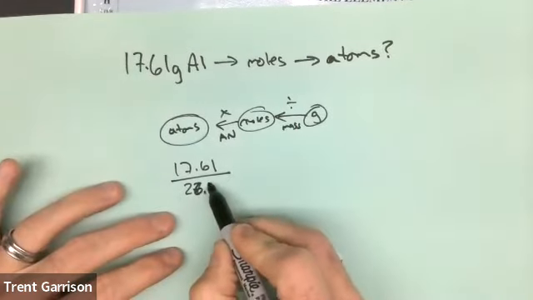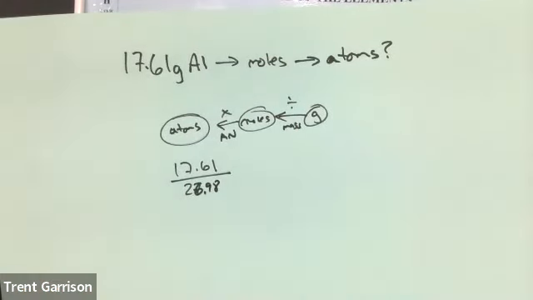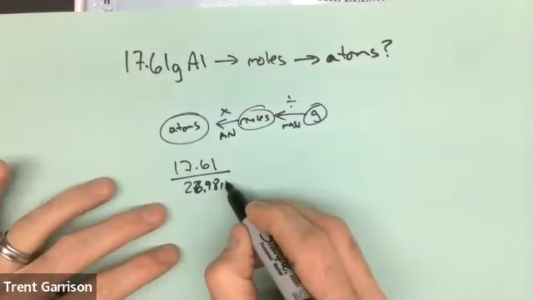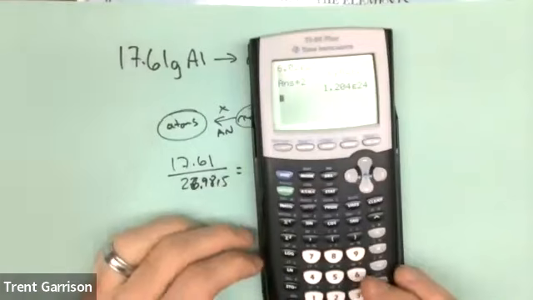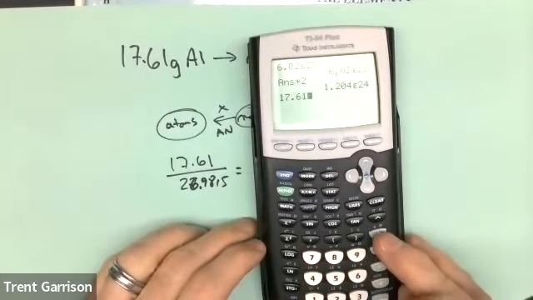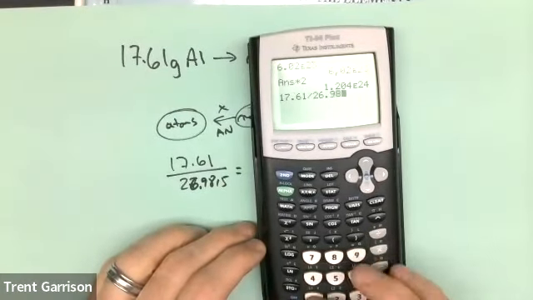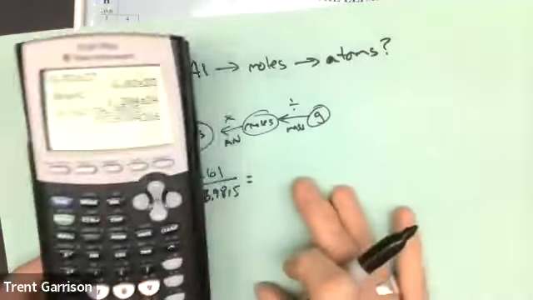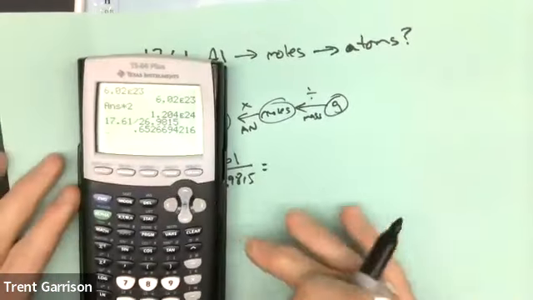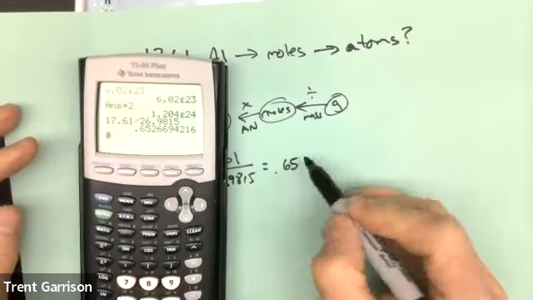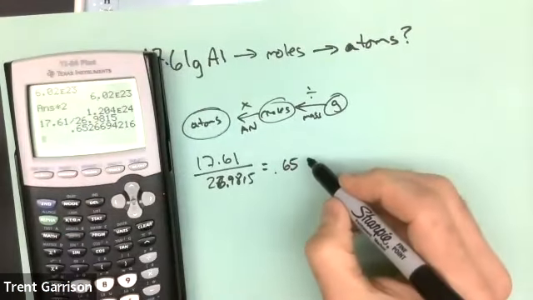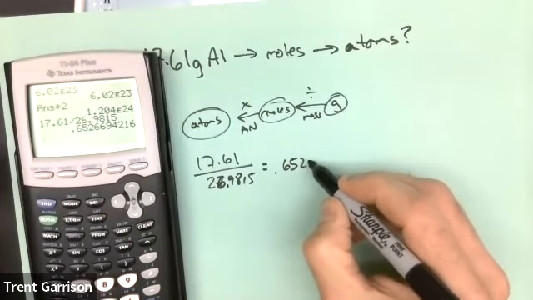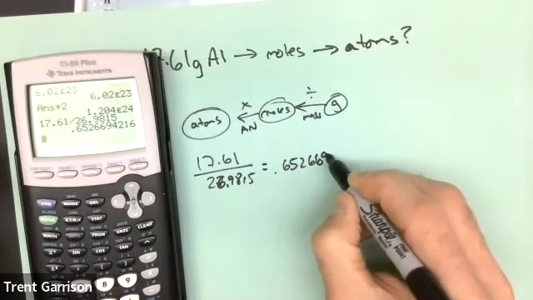Ooh, 26.9815. I've got that on my calculator: 17.61 divided by 26.9815, and that is 0.65. With the sig figs I have to have 4 sig figs, but I'll keep running it out because it doesn't matter.